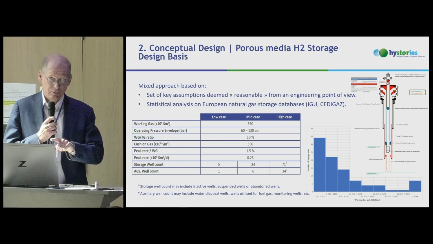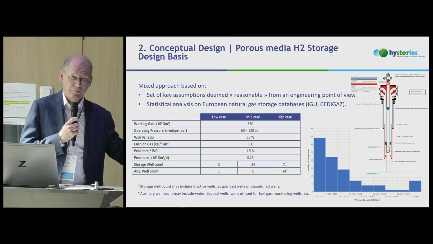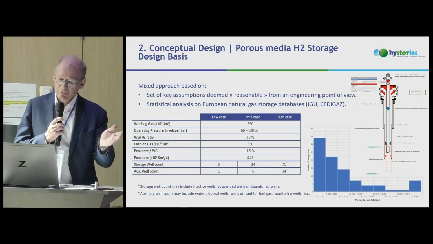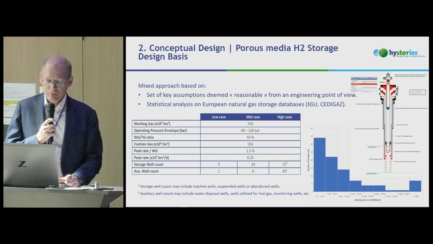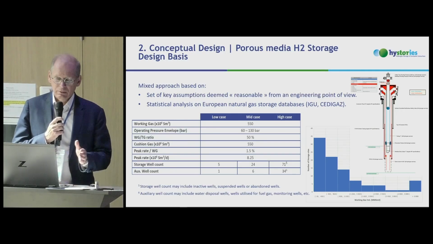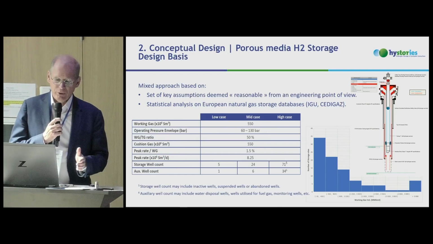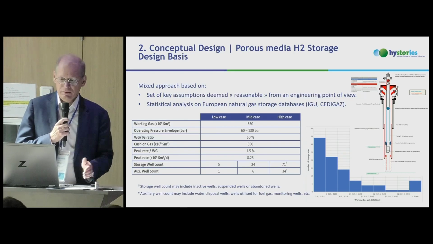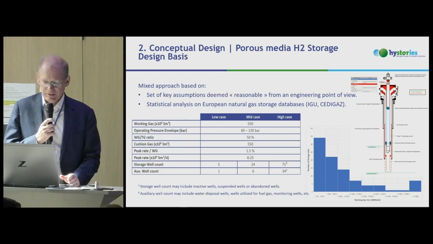So it's twice as big as the previous one for the salt caverns. Okay, and then different assumptions that I will not go through, but the important thing to remember is it's an average case that you can find in European statistics.